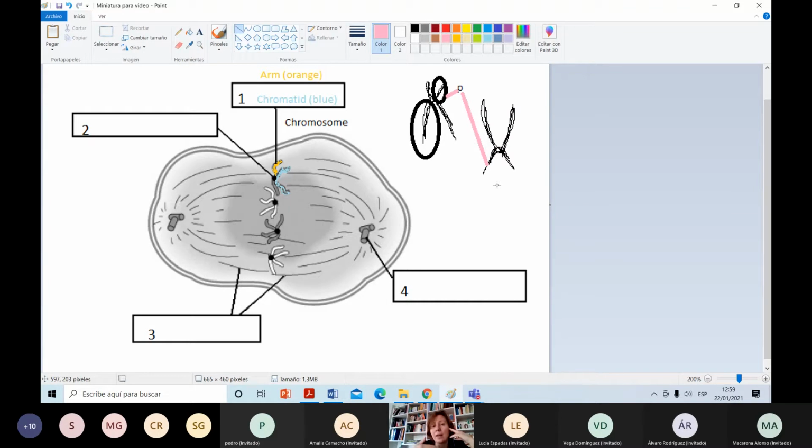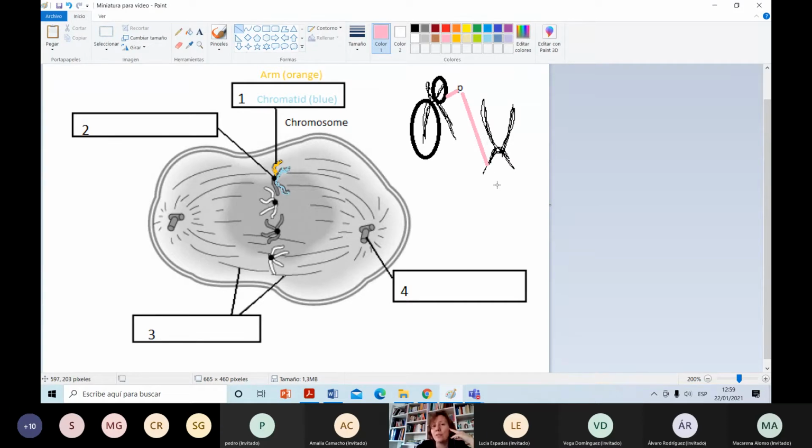So are the gametes going to be identical to the gonad? Is the sperm cell going to be identical to the testicle? No, because the testicle contains 46 and the sperm cell only has 23.